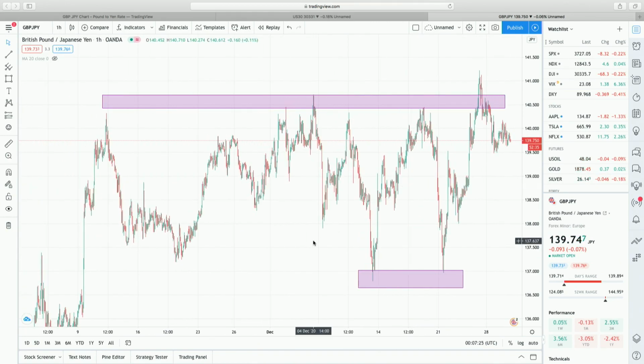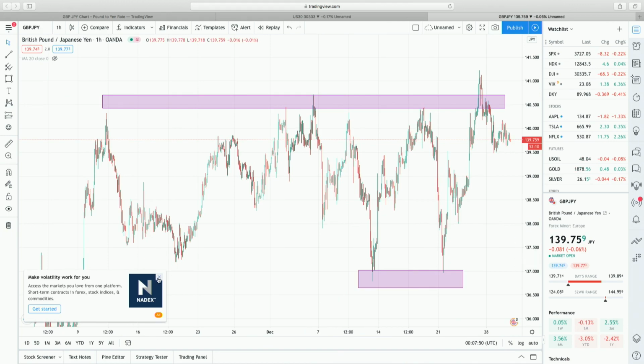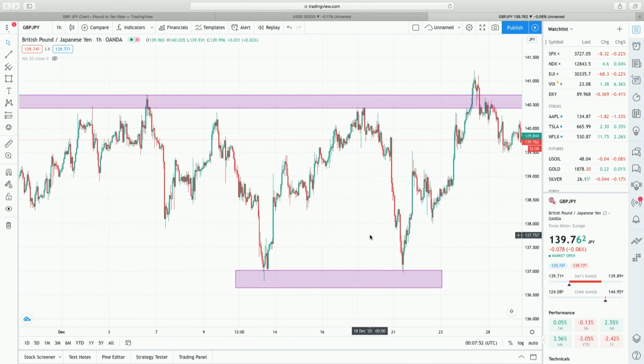Now, when you identify the zone, it doesn't mean that 100% of the time price is going to respect those zones. So don't think that this is a for sure thing. What it means is that's a hot zone. Think about it as a hot area where once price touches there, something's going to happen. So be ready. Everything in the charts, we're predicting the future based on history.